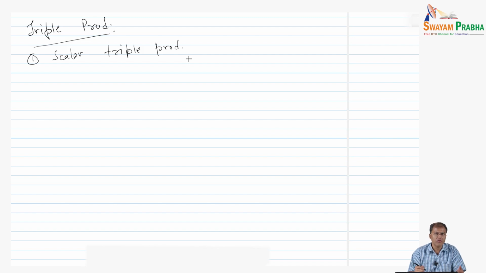As the name suggests, triple means that this product will involve three vectors, right? So we have vectors A, B and C, and the triple product is the combination of dot with cross.